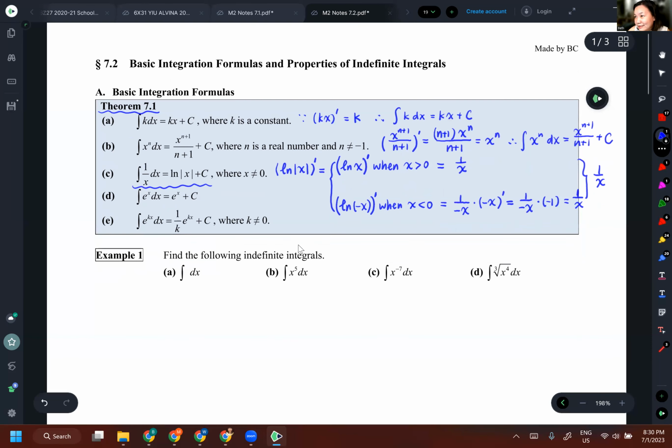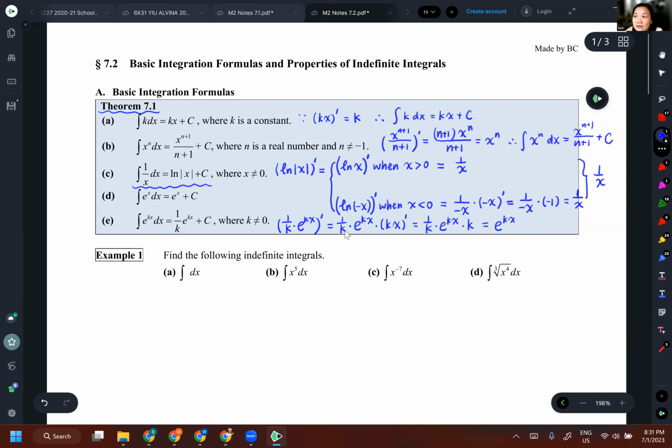I have the last tiny space, but I think we can explain. Now, for this one, the derivative of (1/k)e^(kx) is (1/k)e^(kx) times the derivative of kx, that is (1/k)e^(kx) times k, equal to e to the power kx. Now, this is not a very simple differentiation.